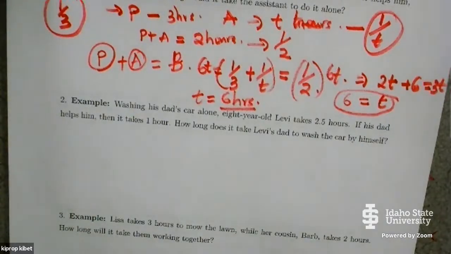So washing his dad's car alone, 8-year-old Levi takes 2 hours to do it. So this guy takes 2 hours to wash it alone. If his dad helps him, then it takes 1 hour. So both of them will take 1 hour to clean.